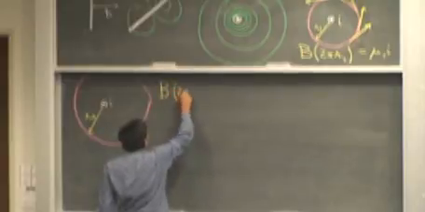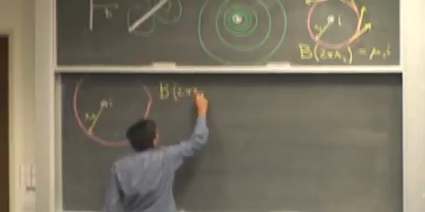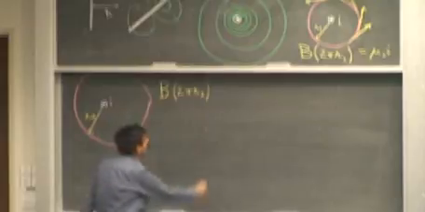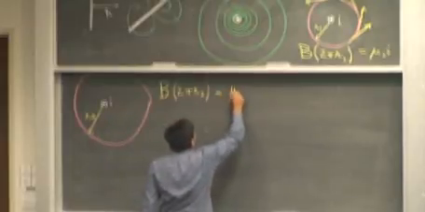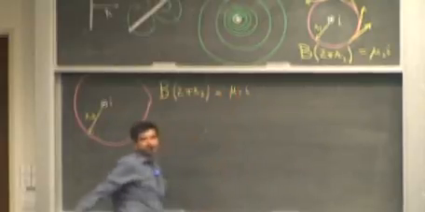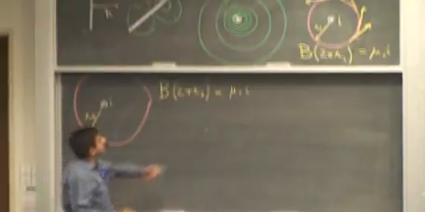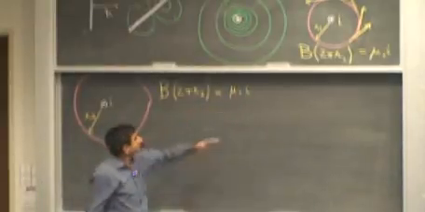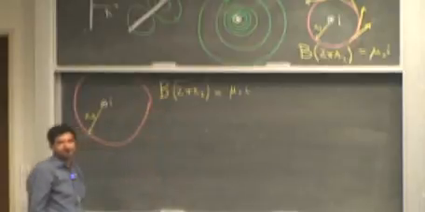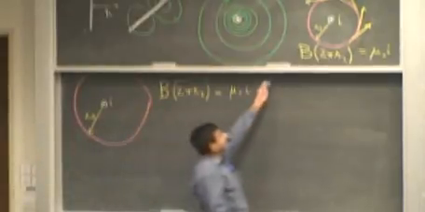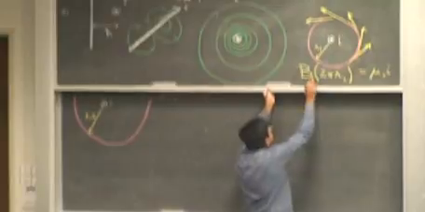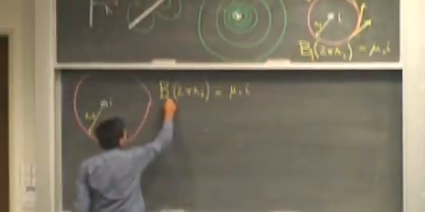B into 2 pi R2 is now going to be equal to mu naught I. The field is now mu naught I over 2 pi R2. So I take 2 pi R2 to the other side. I call this field B1. I call this field B2.